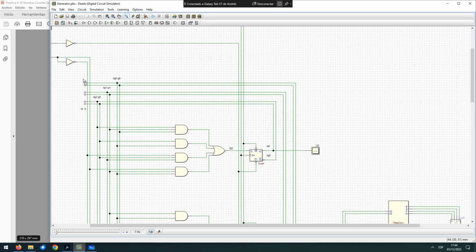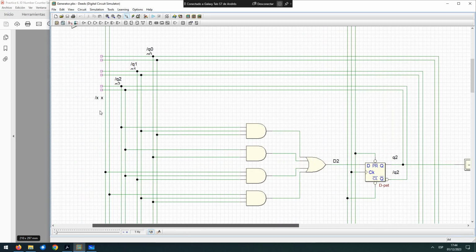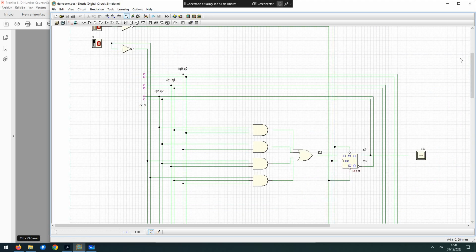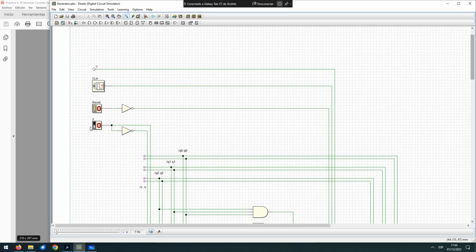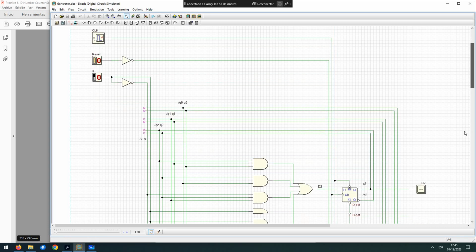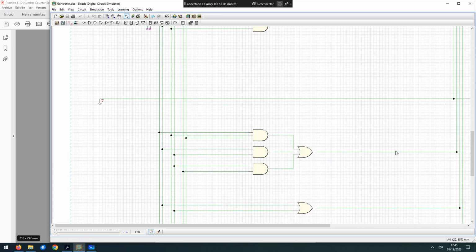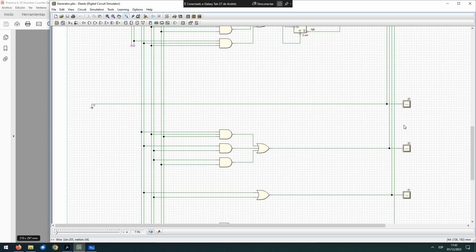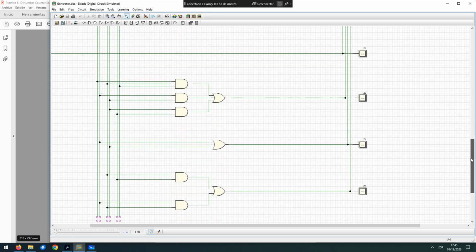So I have here my input that is going to change between 0 and 1, the reset that is going to take the system to the initial state that is going to be the first number of the sequence, the clock signal, and well, a constant 1 that I have to use and a constant 0 that I have to use in some part of the circuit. Here I have my outputs.